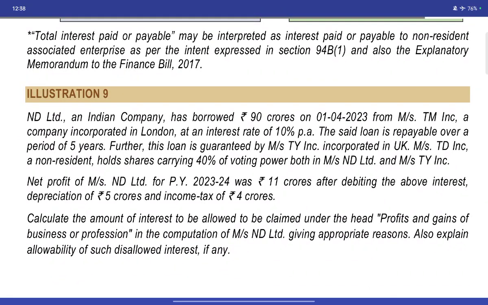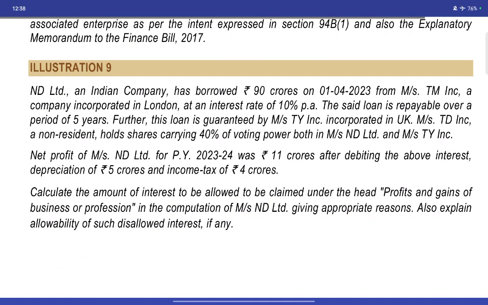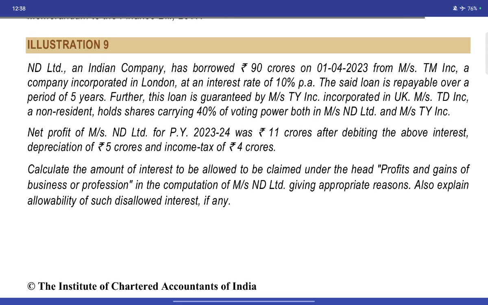Illustration. IND Limited, an Indian company, has borrowed 90 crores on 1st of April 2013 from TV, a company incorporated in London, at an interest rate of 10% per annum, that is 9 crores. The loan is repayable over a period of 5 years.